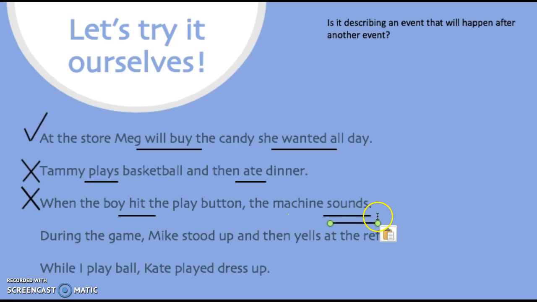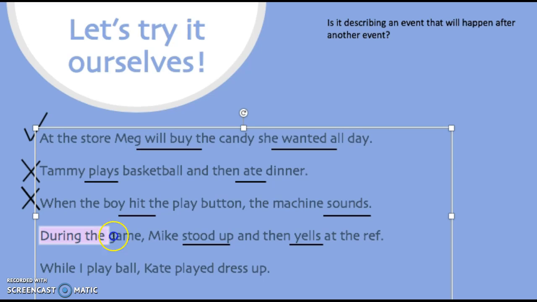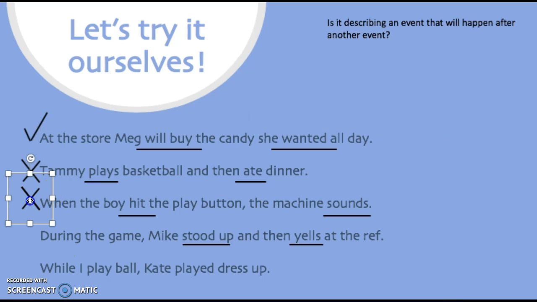Is this something that will happen after another event? Well, automatically by reading the first words, during the game, we know that is not something that will happen in the future. It is something that is happening in the present moment. Therefore, this is incorrect.